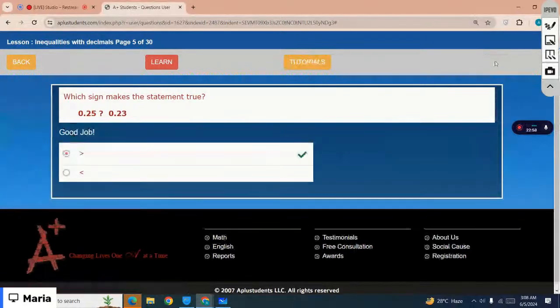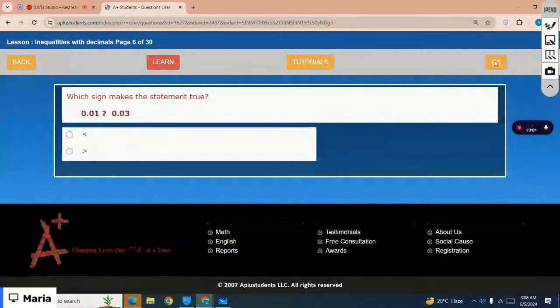The correct option is greater. Which sign makes the statement true? 0.01 and 0.03.